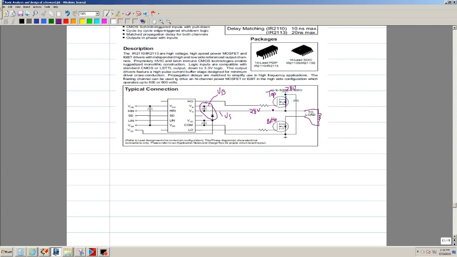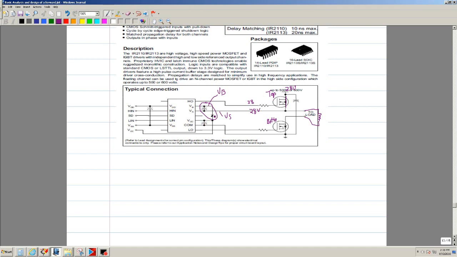So it shorts, you're going to have 28 volts, and to turn this on you need 38 volts, or at least 10 volts above. So how do we get this? If we have 28 volts, how do we get 38 volts?